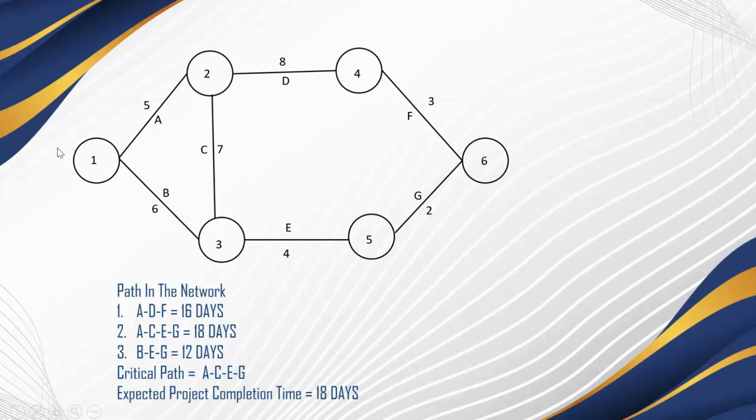A, D, F is the first route, then A, C, E, G is the second route, and B, E, G is the third route.